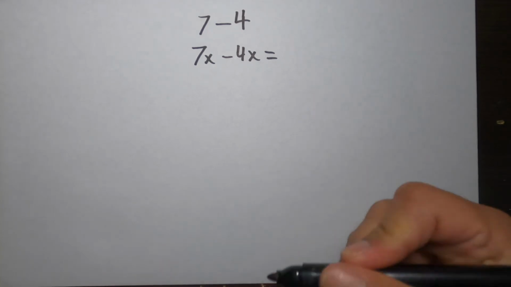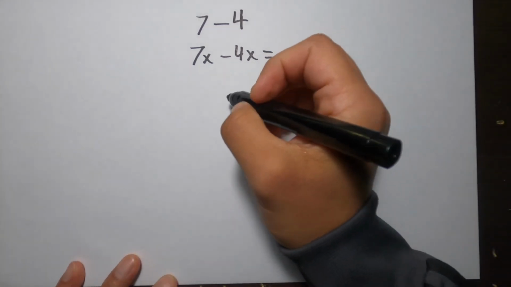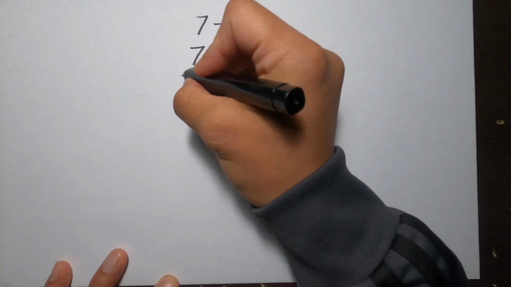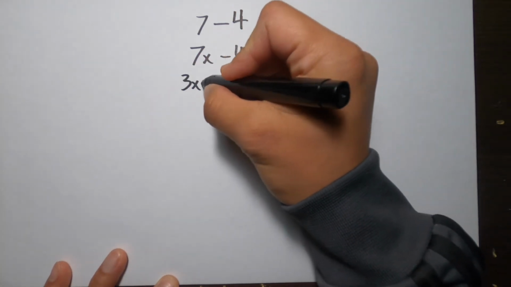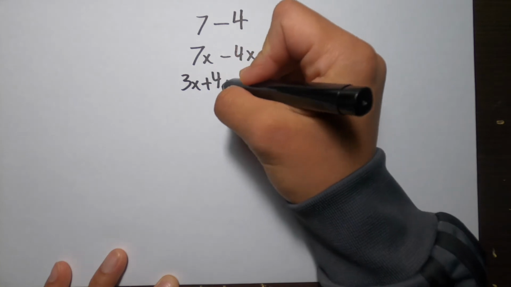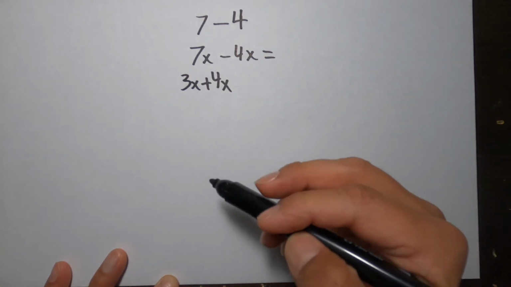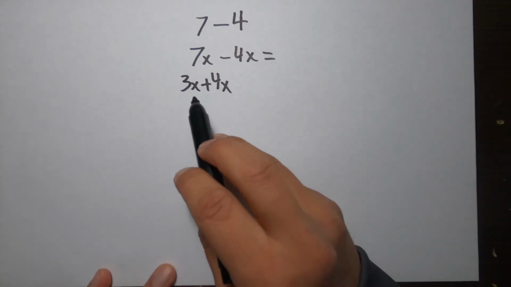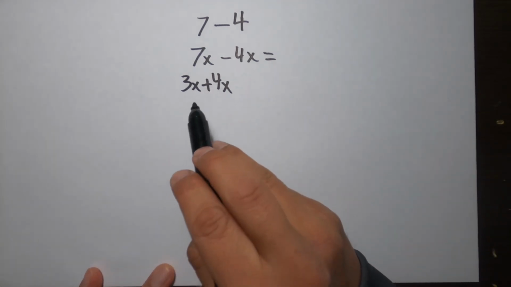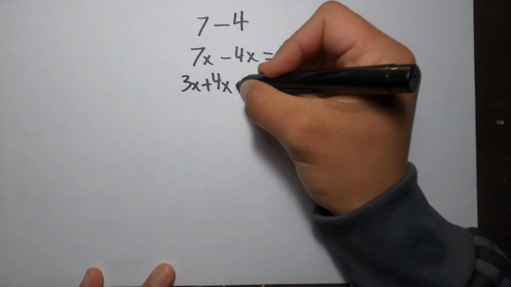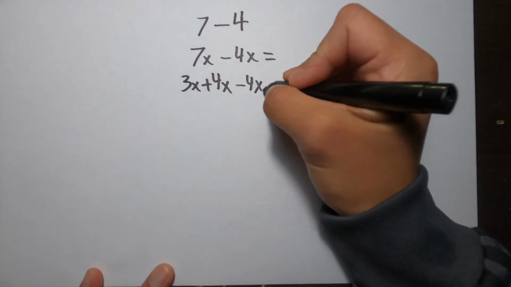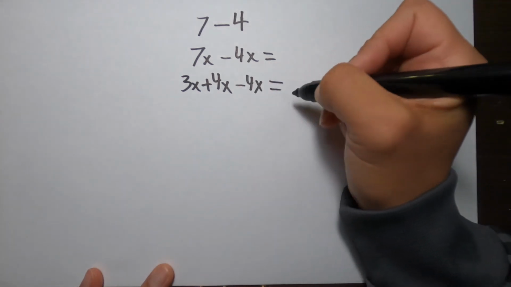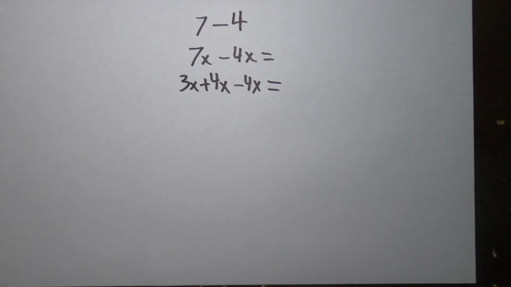If we do that with this one, with 7, we know that 3 chairs plus 4 chairs will equal 7. Now this was easier for me because this 7 is decomposed, and we bring this 4 down, 4 chairs. I know that one number minus the same number will equal 0.